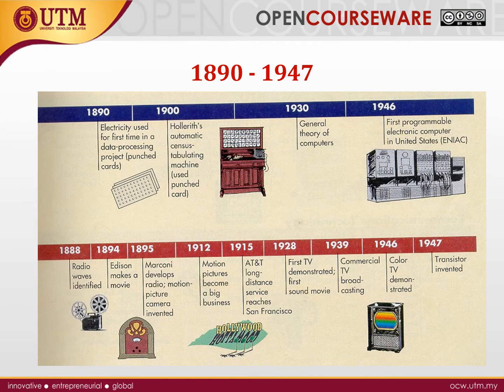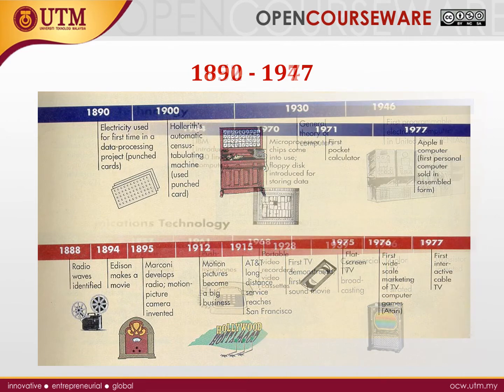So the first TV was demonstrated, the first sound movie in 1928, and then commercial TV broadcasting in 1939, color TV demonstrated in 1946, and then finally in 1947 the transistor was invented.